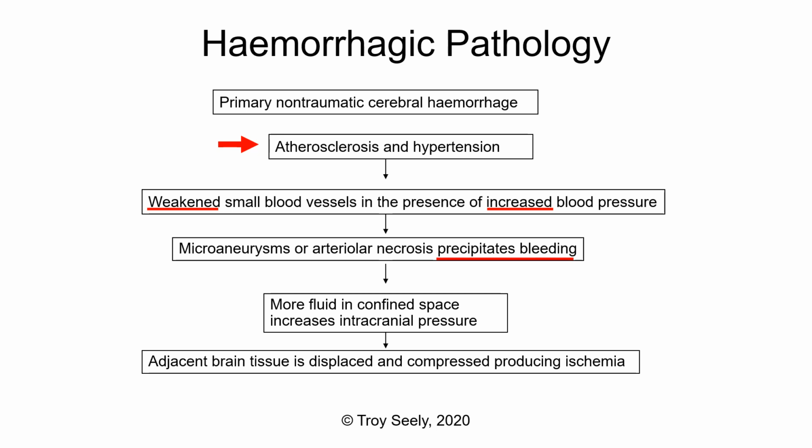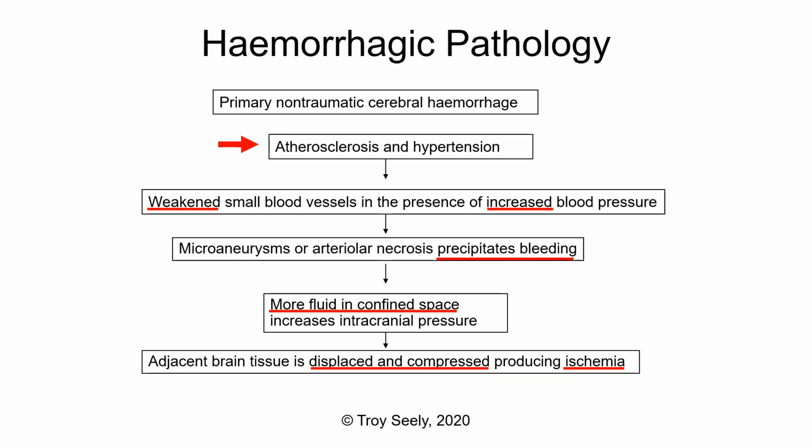So it can start small, but as there is further and further progression of these microaneurysms or micro tears within the vessels, more fluid will become confined in the space, increasing intracranial pressure until finally adjacent brain tissues will be displaced and progress further, producing ischemia.